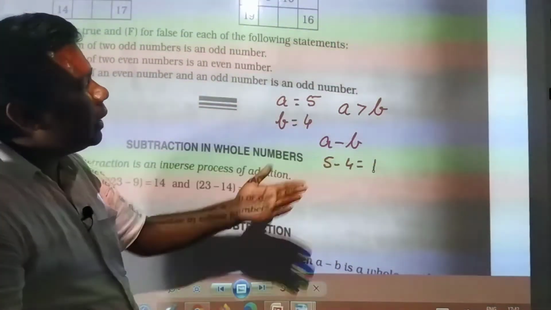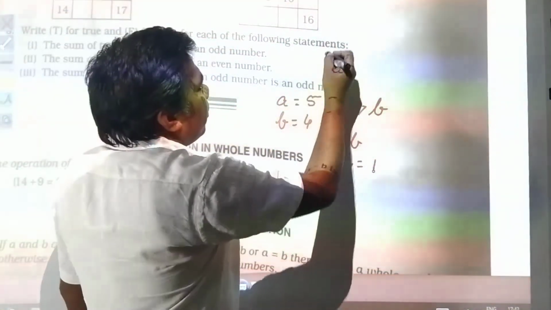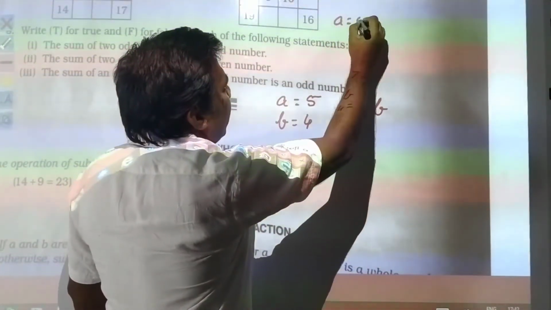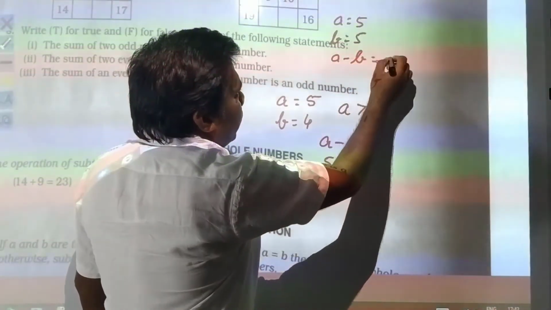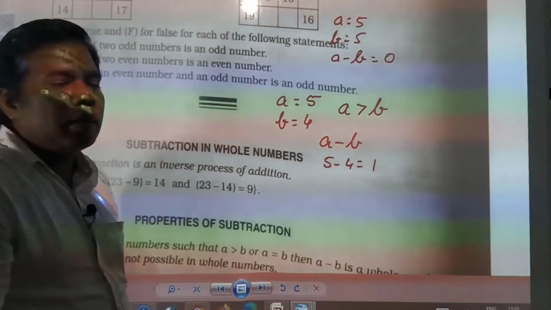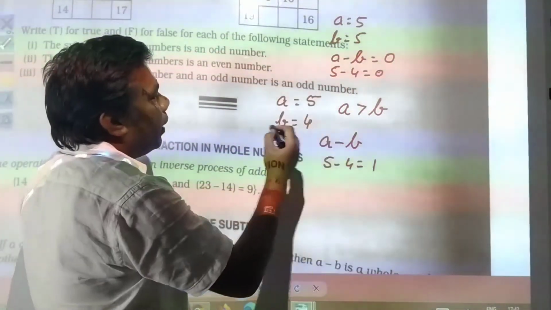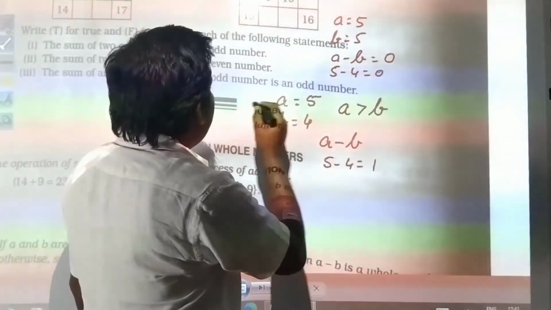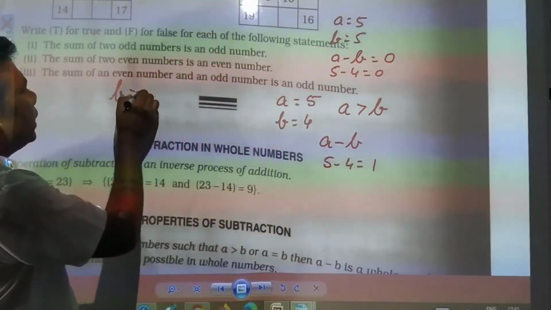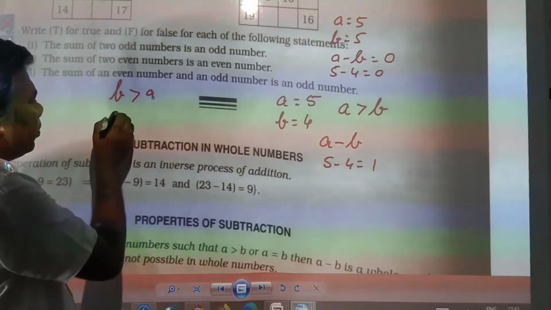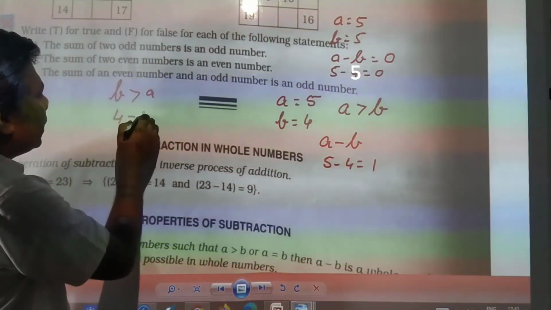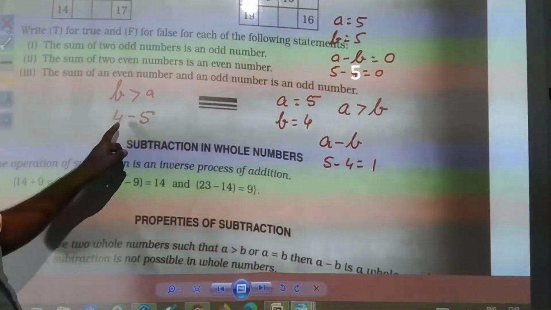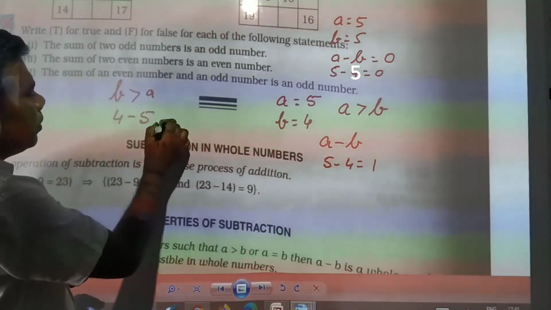The second condition is when a and b are equal. Suppose a is equal to 5 and b is equal to 5, then a minus b is equal to 0. But if b is greater than a, suppose you write 4 minus 5, is it possible?